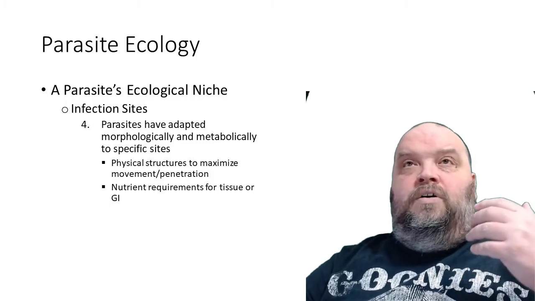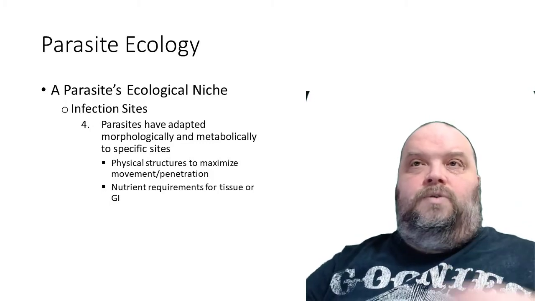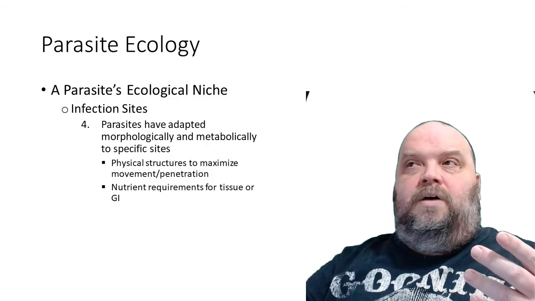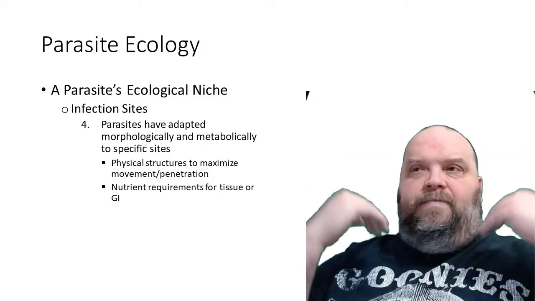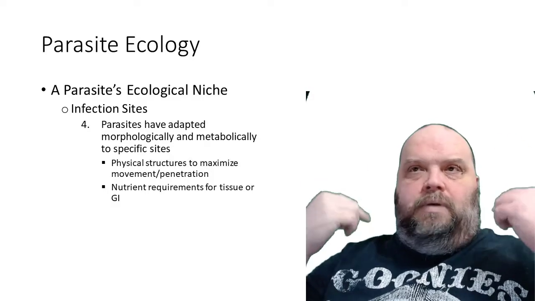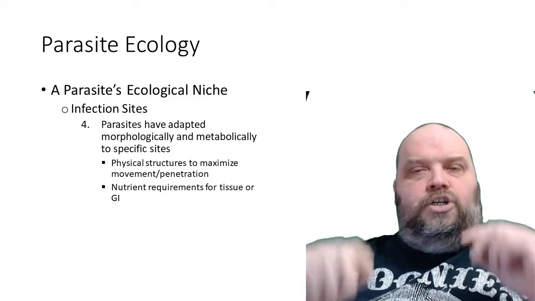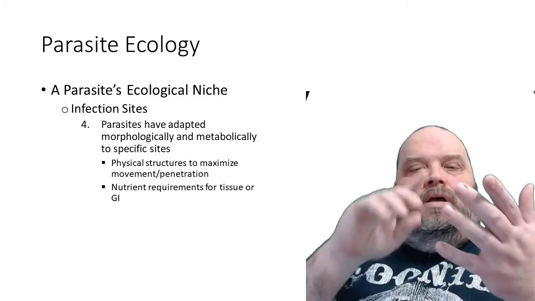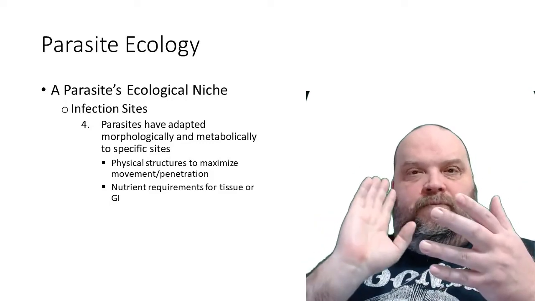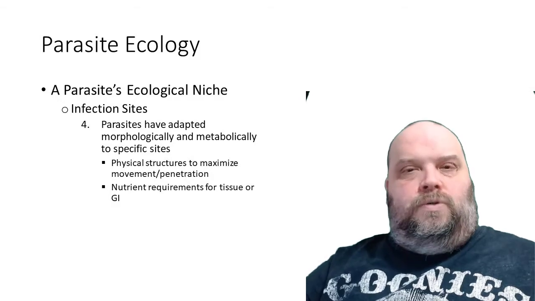Okay? It could be physical. As we're going to see in a couple of chapters from now, some of the parasites have evolved to have pellicles, which is going to be kind of like a hardish outer shell that's going to protect them from immune cells, protect them from gastric juices.